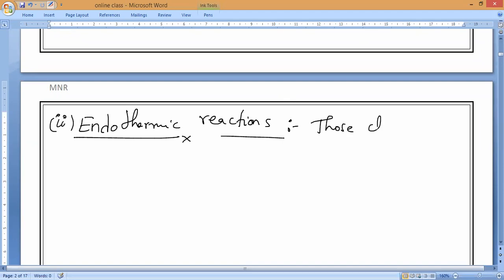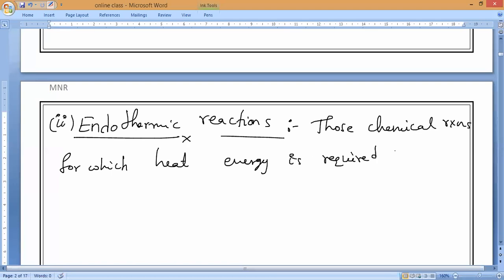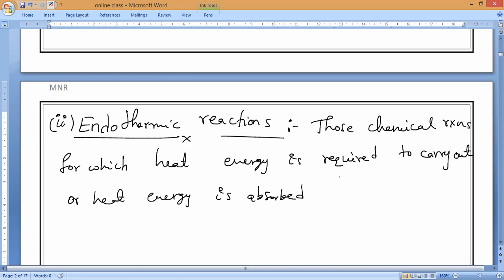Those chemical reactions for which heat energy is required to carry out, or we can say heat energy is absorbed during reaction, is called endothermic reaction.